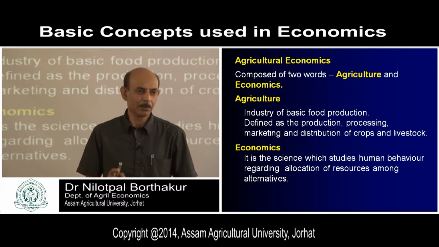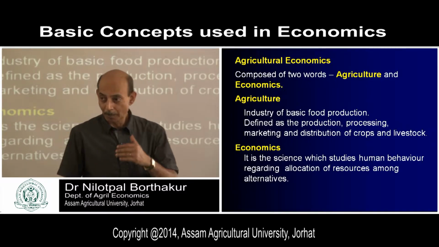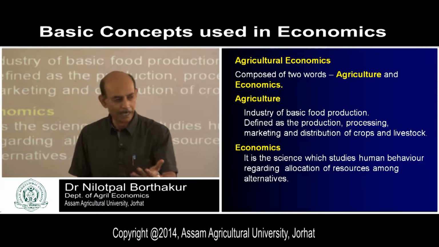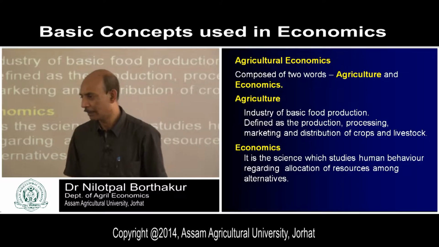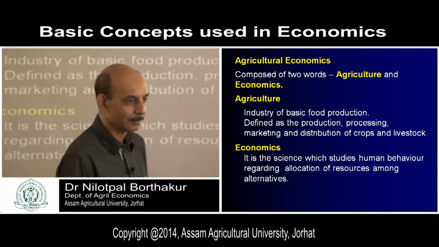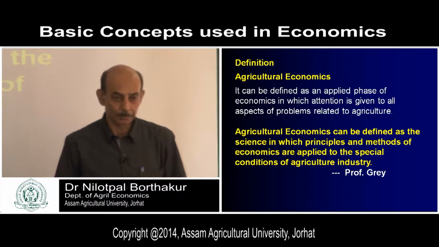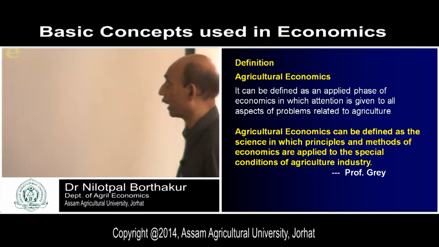Which particular processing will improve the quality? Ultimately, different economic principles are applied in the field of agriculture. When these economic principles are applied in the field of agriculture, that is called agricultural economics. So this is the basic definition of agricultural economics.